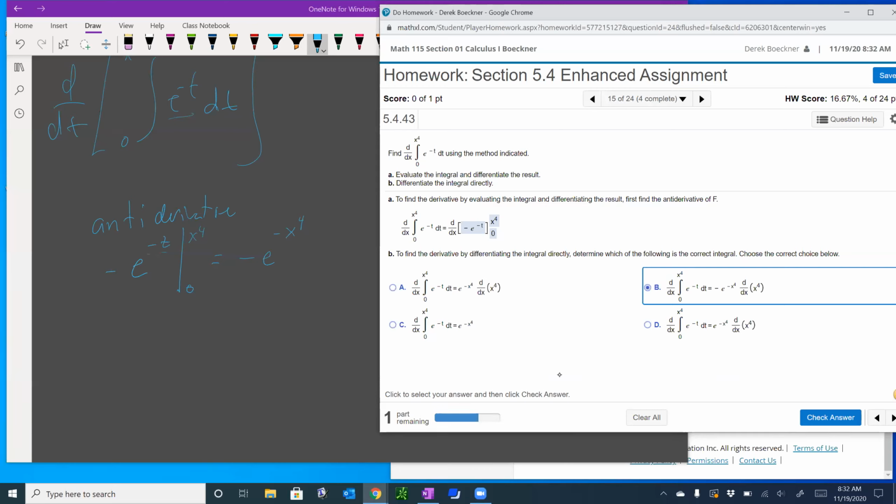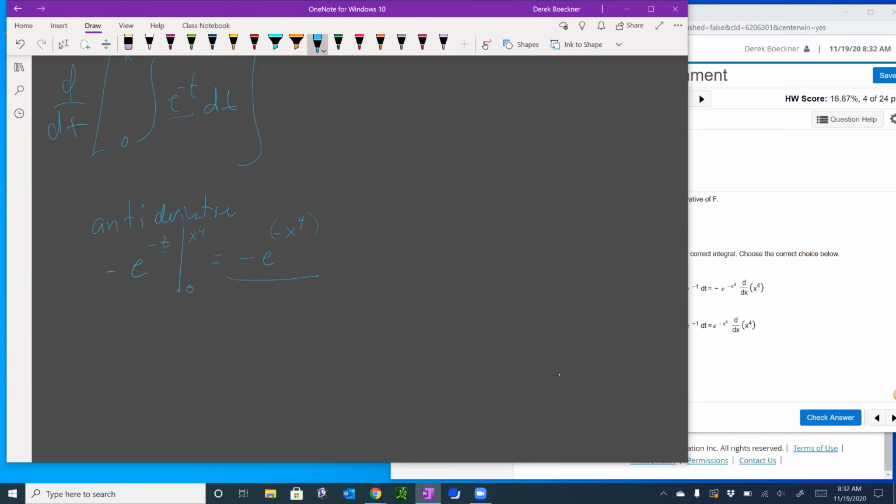But okay, so if I evaluate it first, I get minus e to the minus x to the 4th, right? I think I do want A or D. Because if I take the derivative of this, the derivative of minus e to the minus x to the 4th is minus e to the minus x to the 4th times the derivative of minus x to the 4th.